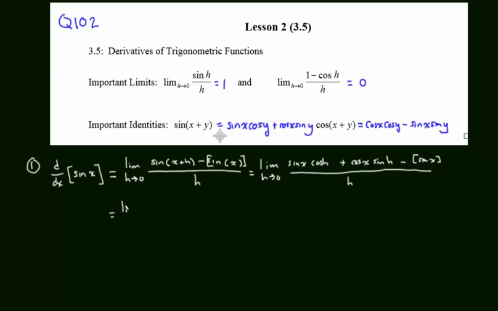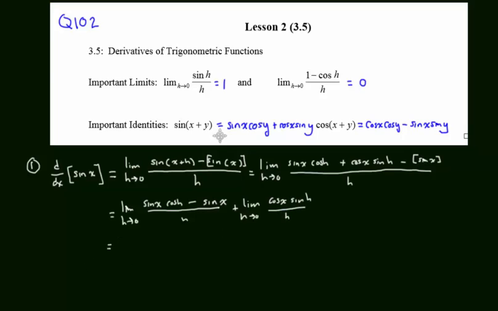Next, we're going to write this limit statement as the sum of limits. So I'm going to write it as the limit of sine of x cosine h minus, let's take the sine of x portion of this, over h, plus the limit as h goes to 0 of the cosine of x sine h over h.